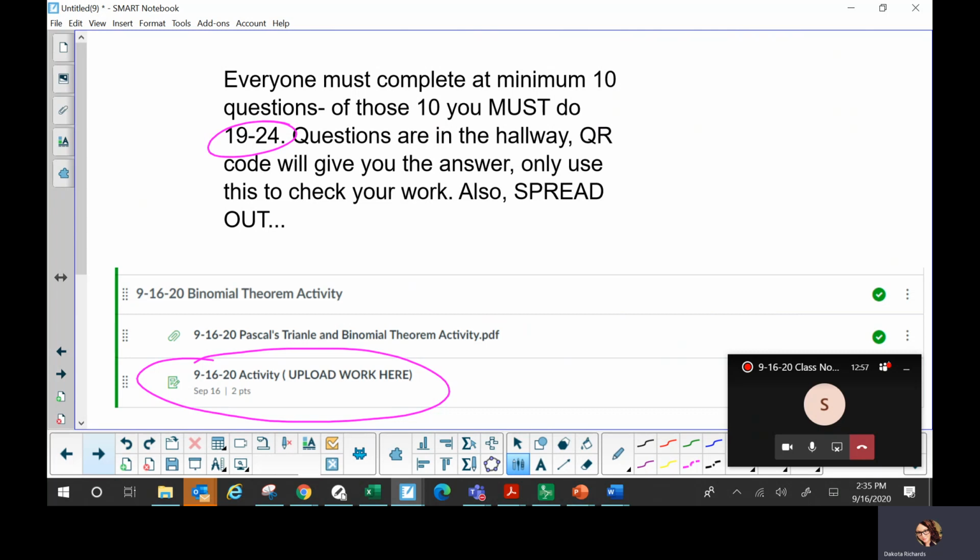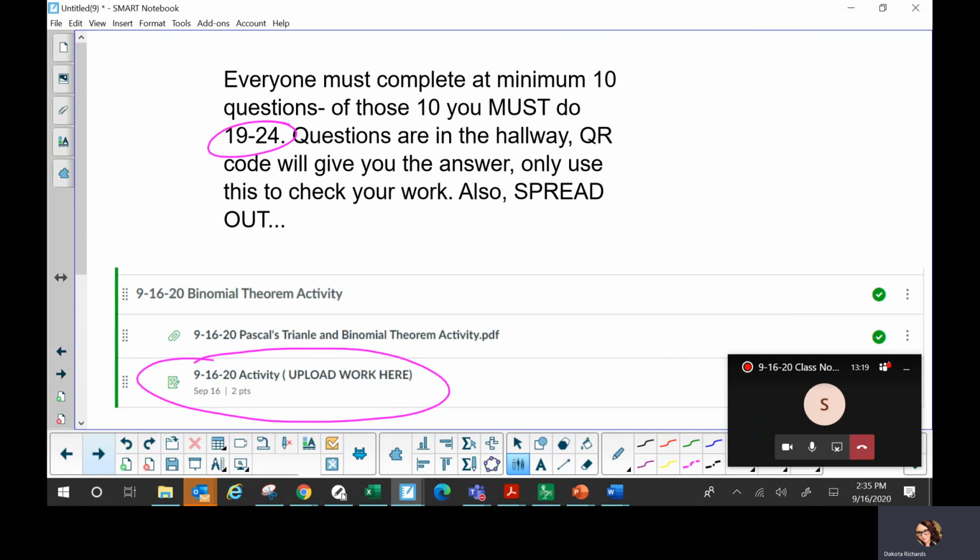Another thing I would have with me, I would have my notes from the other day that have Pascal's triangle. I mean, you can always look up Pascal's triangle, but it's in your notes from the other day. And make sure when you're out there, you're spread out. Make sure you're not right on top of each other.